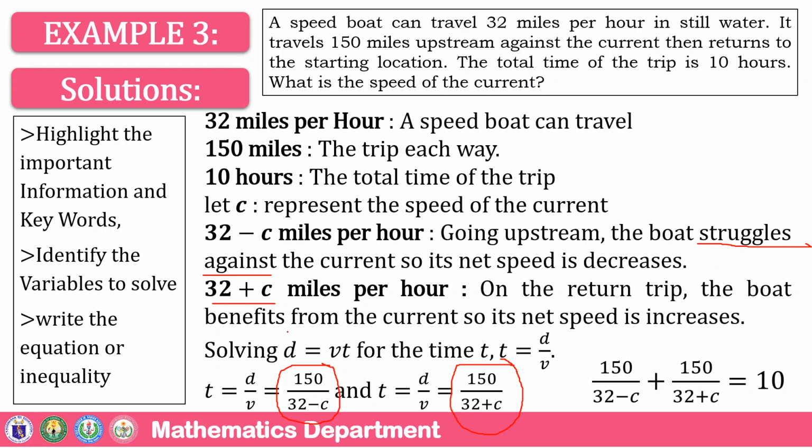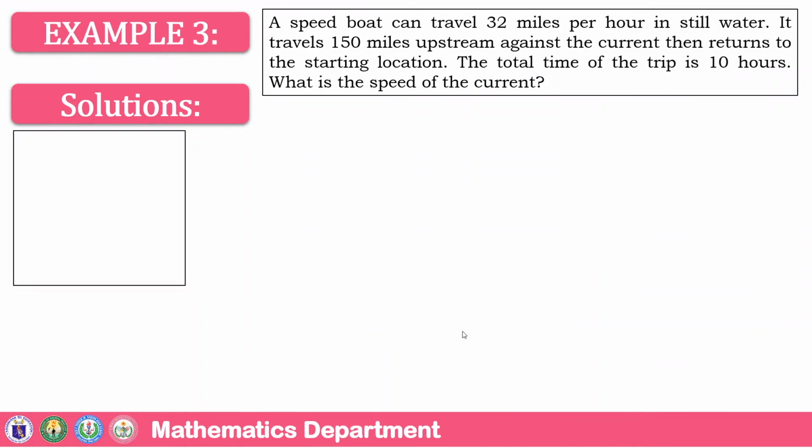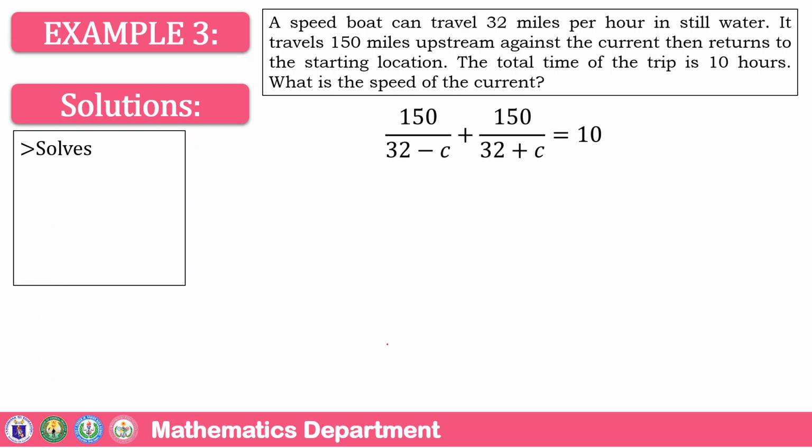That is the 10. So meron tayo dito na rational equation which is 150 over 32 minus c plus 150 over 32 plus c is equal to 10. So proceed tayo. From the equation na na-form natin, let us solve. Mapapansin natin meron tayong tatlong term dito.